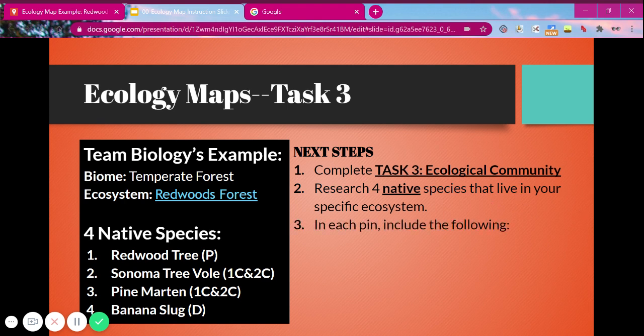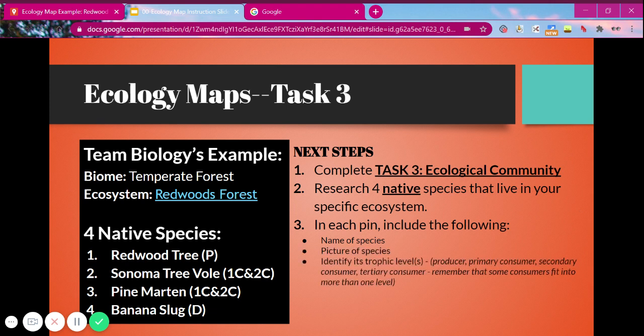So in each of these pins for each of the 4 native species, you're going to include the following. You're going to include the name of the species, the picture of the species, identify its trophic levels, whether it's a producer, primary consumer, secondary, tertiary, even a decomposer.